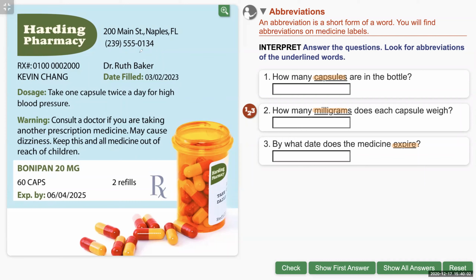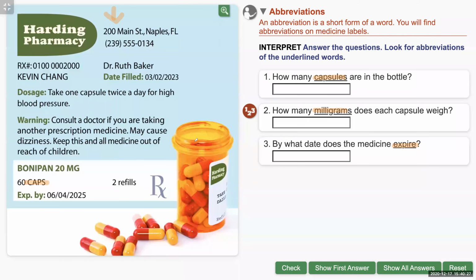On this label, I want you to look for these abbreviations. You may pause and look for these abbreviations on your own. Those of you who are ready, we're going to go ahead and look at the answers. The first one would be CAPS for capsules.